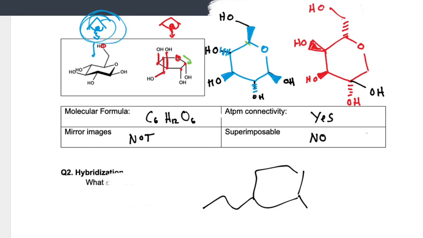But I don't think I would draw anything with so many wedges and dashes on it, because that's a lot going on, and I don't think it's worth reiterating the pain of our chairs and our Haworths.